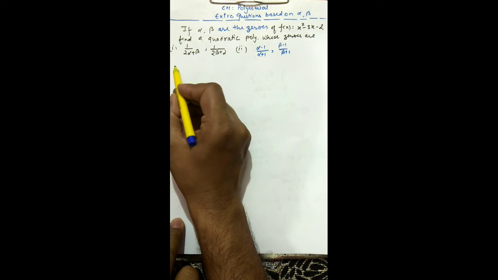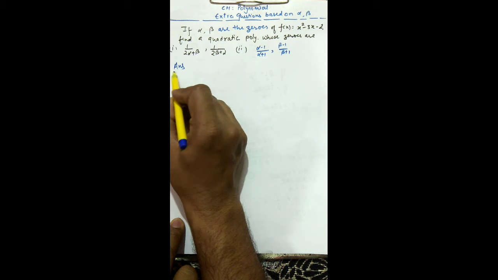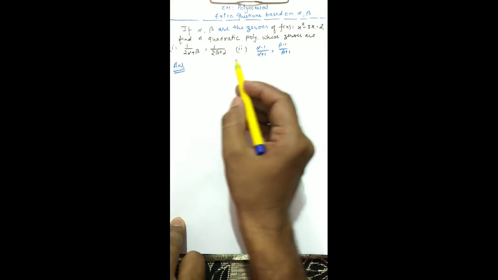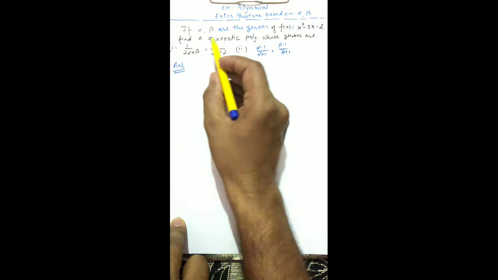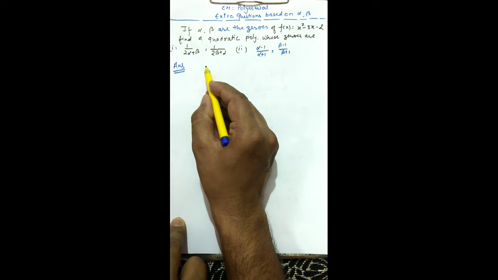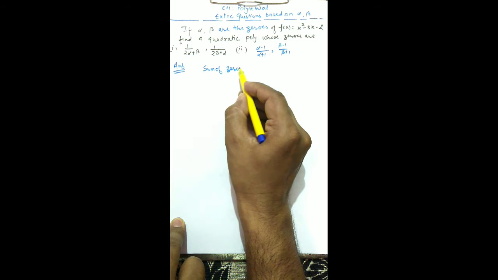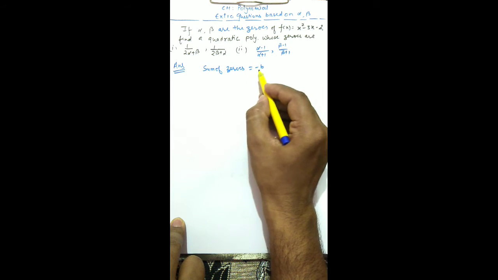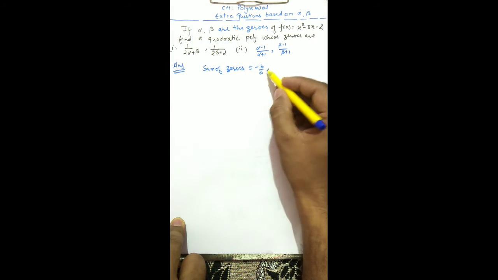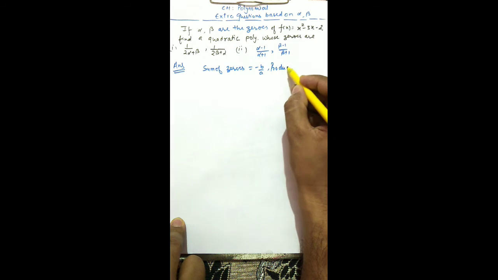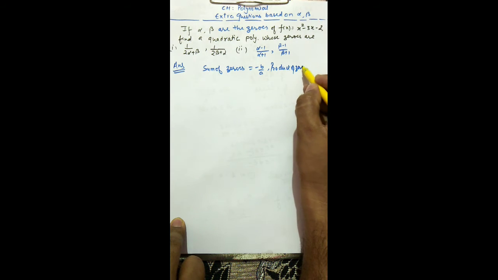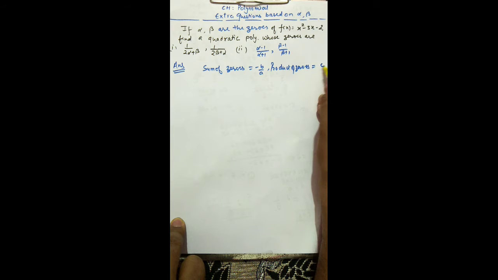So we start from here. First, we know the relation that the sum of zeros is equal to minus b by a, and the product of zeros is c by a.